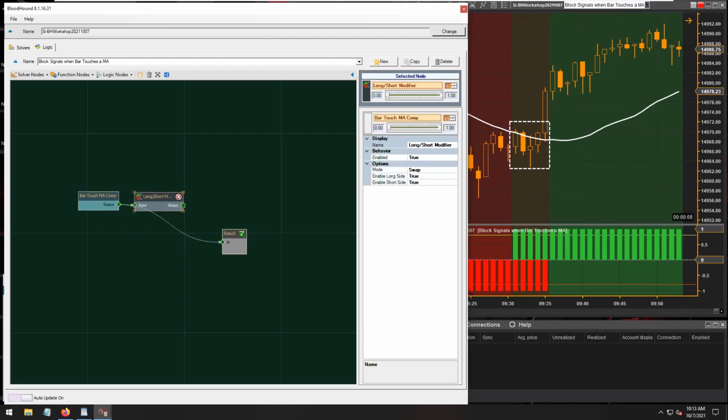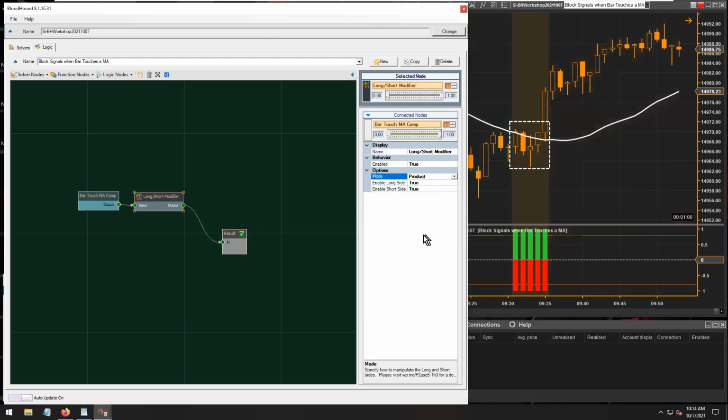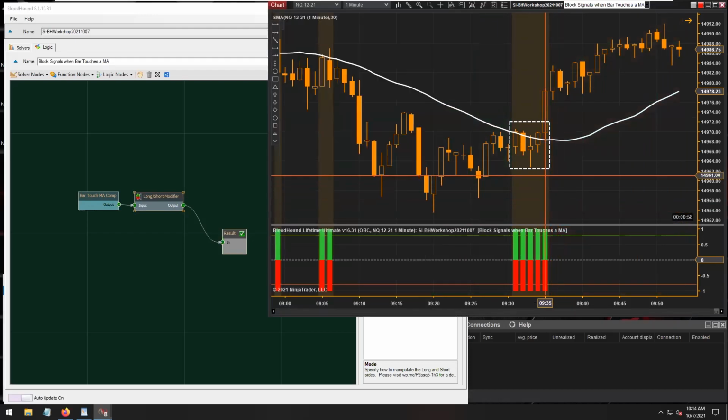So if I grab a long short modifier, grab that, and the mode would be product or multiplication. Now, this would allow signals only when price is touching the moving average, right?